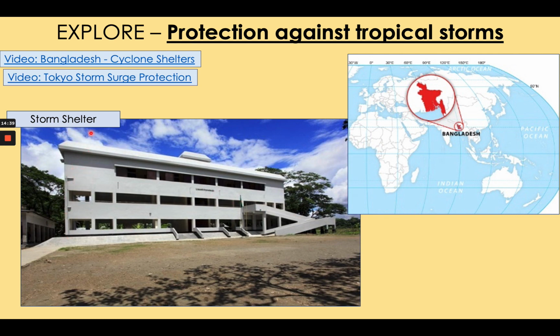These storm shelters enable up to 1,000 people to survive for several weeks after a tropical storm hits. And they provide a safe point for people to go to when they evacuate before a tropical storm. And this building and buildings like it are credited with saving the lives of hundreds of thousands of people in the last 10 years in Bangladesh.